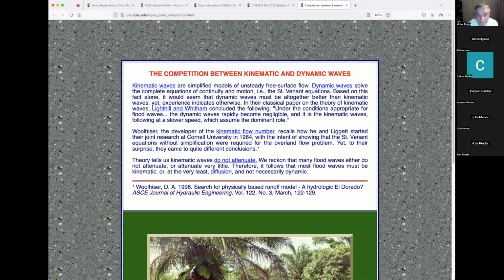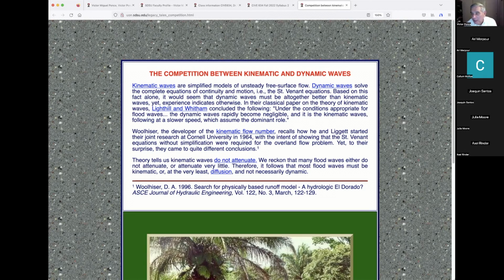They already saw it. Woolhiser, the developer of the kinematic flow number, recalls how he and Professor Liggett from Cornell started joint research at Cornell University in 1964. Actually, Liggett was the professor and Woolhiser was the student, with the intent of showing that the Saint-Venant equations without simplification were required for the overland flow problem.